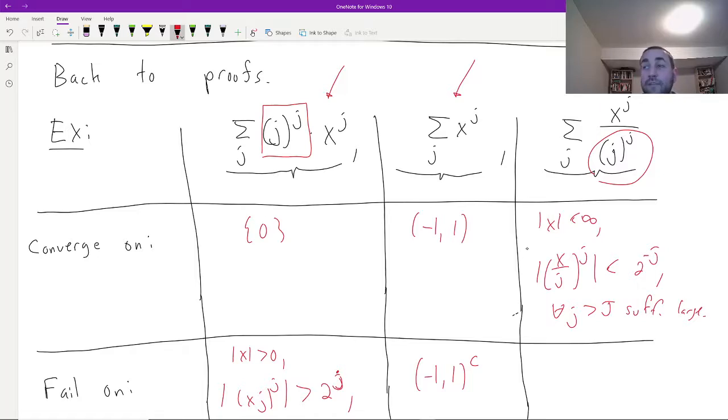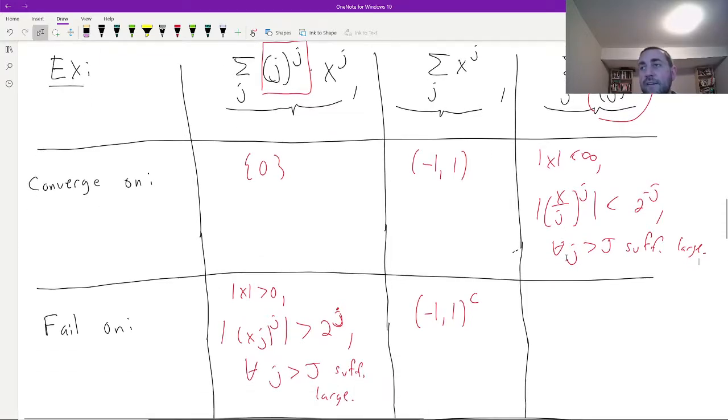And so by, for example, the Weierstrass M test, we can see that this thing is going to converge, and in fact converge uniformly on compact sets. And of course, since we've shown that it converges everywhere, it fails on the empty set. Okay, so those are 3 power series, and a quick informal argument as to where they converge and where they fail.